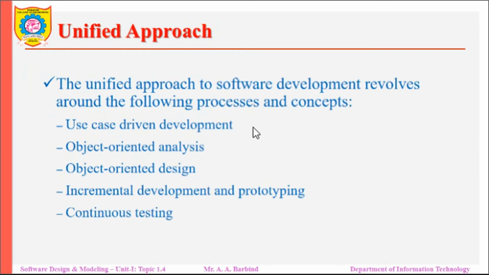The unified approach to software development revolves around the following processes and concepts. These are use case driven development, object oriented analysis, object oriented design, incremental development and prototyping, and continuous testing.